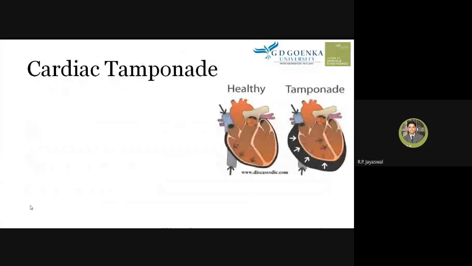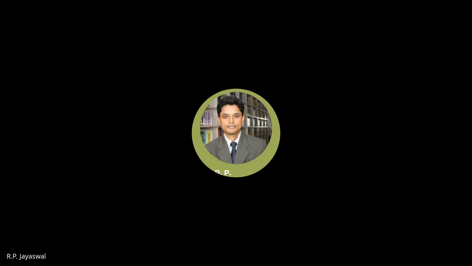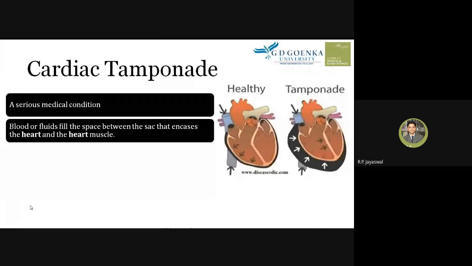Now let's know cardiac tamponade. What is cardiac tamponade? This is a serious medical condition. The blood and fluid fill the space between the sac that encases the heart and the heart muscles. We know this space as the pericardial cavity, where a fluid is normally present.